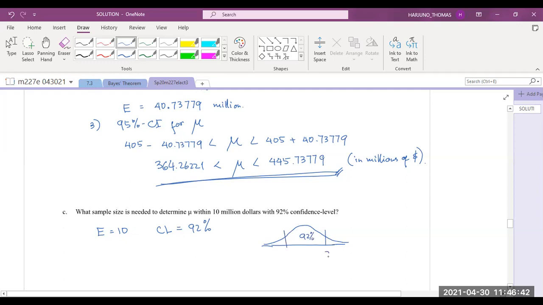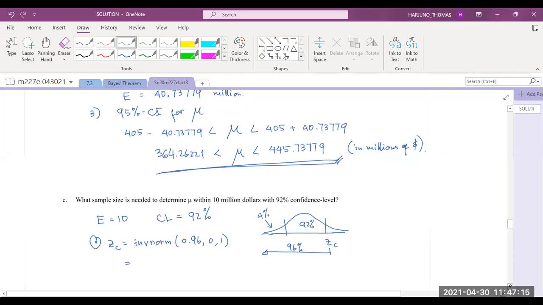So if this is the critical value here, the area to the left will be 92% plus half of the remaining 8%, so that's 4%. So the area to the left of that critical value is 4% plus 92%, that's 96%. That's inverse norm of 0.96.